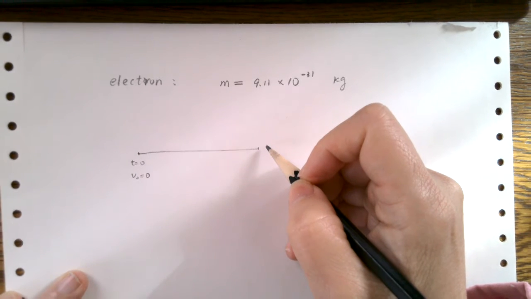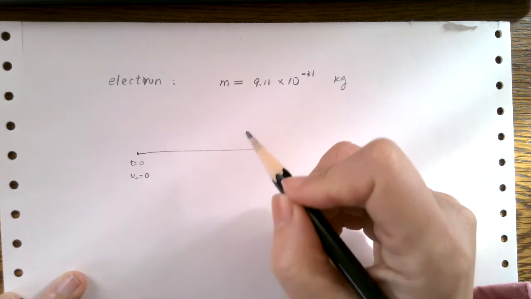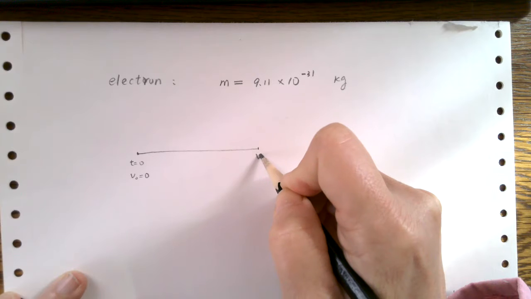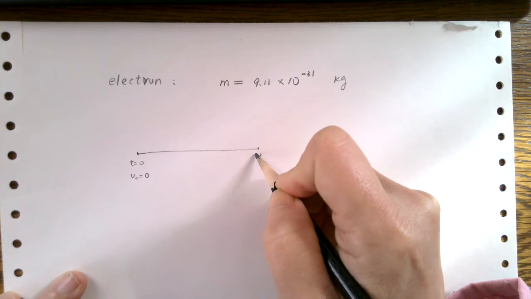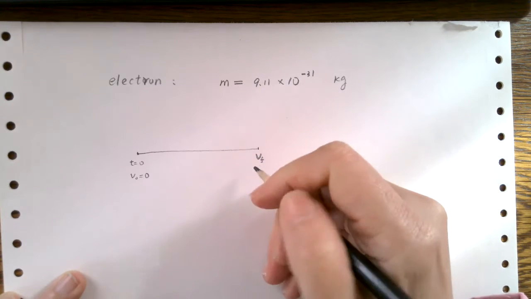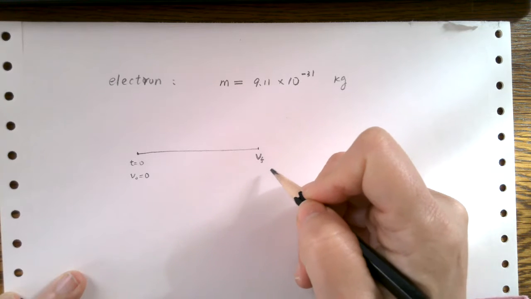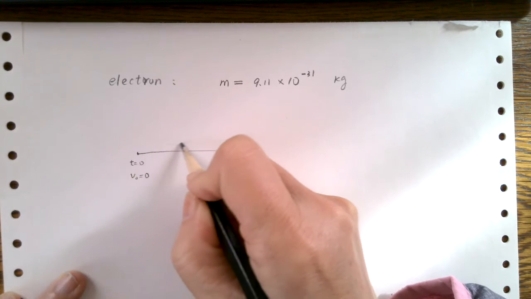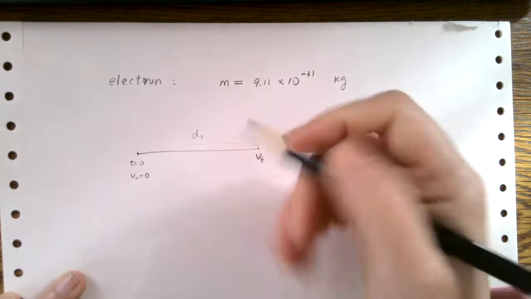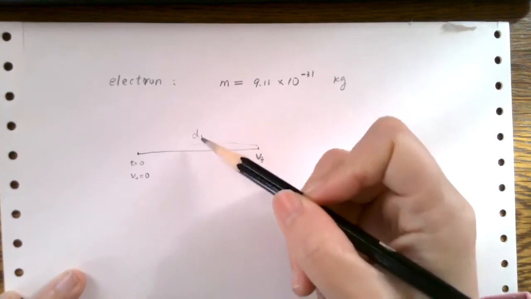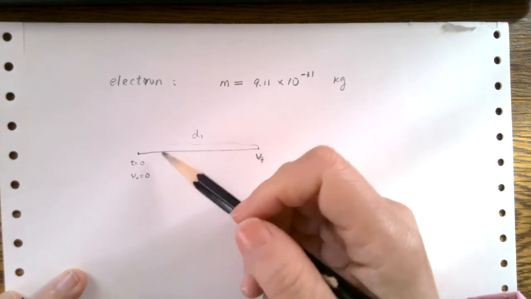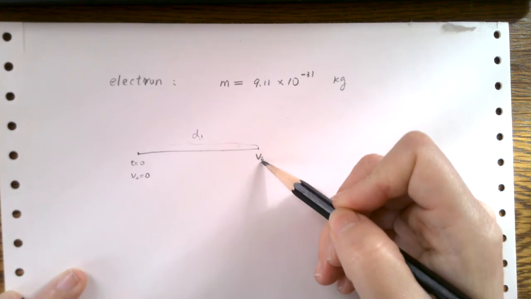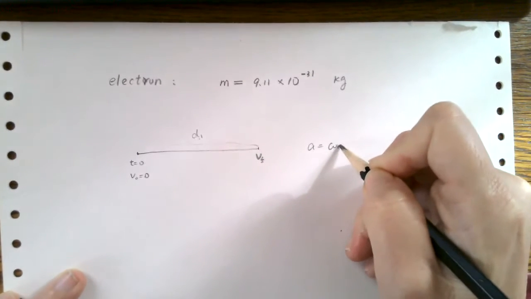Then we know it is accelerated to a speed, which I call v sub f, given as 8.4 times 10 to the 7 meters per second over a distance I call d1. So this is one particle which starts from rest, and after it moves along a distance d1, the velocity is v sub f. And we also know a is constant.